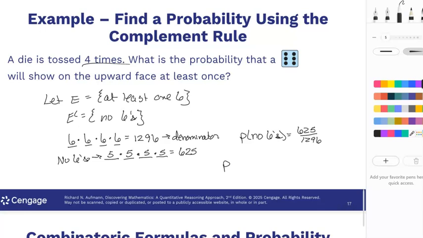We want to know the probability of getting at least 1 6.